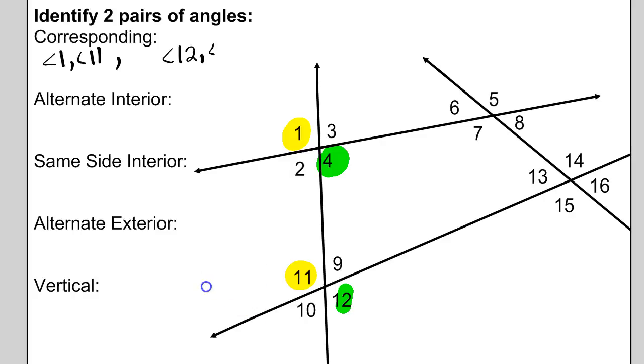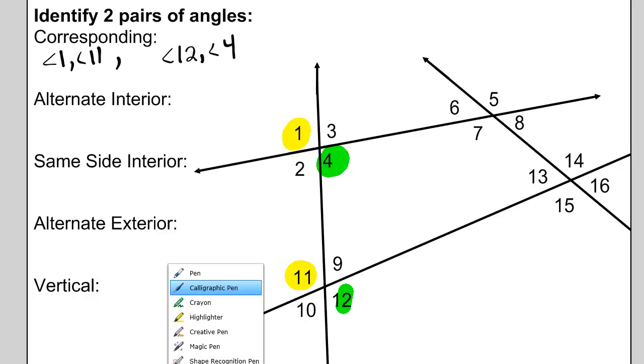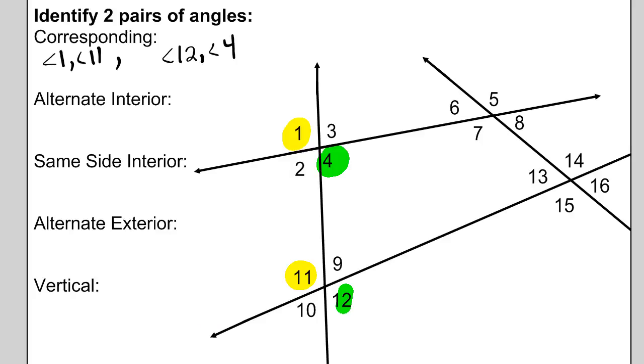And then if I wanted to look at these other intersections, could I say that angle 7 is in the southwest and angle 15 is in the southwest? So angle 7, oh, that's not working, is it? Angle 7 and angle 15. So there's a bunch of them. I'll just talk 3.